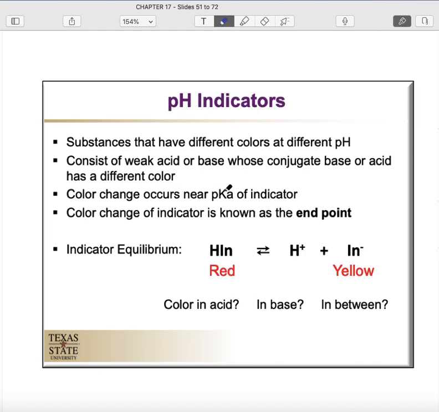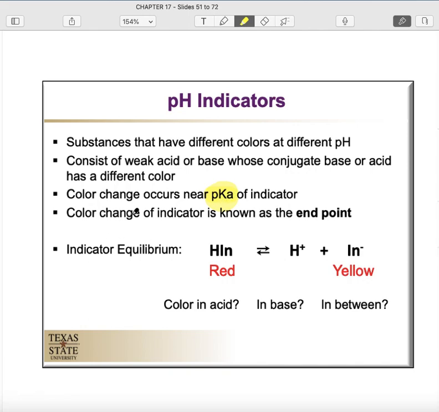The color change for those substances is going to occur near the pKa of that indicator. And so the pKa of the indicator is an important piece of information because we want the color to change at a pH that is of relevance to us. And so we need to make sure that the pKa is going to be in the range of the pH that we are interested in.